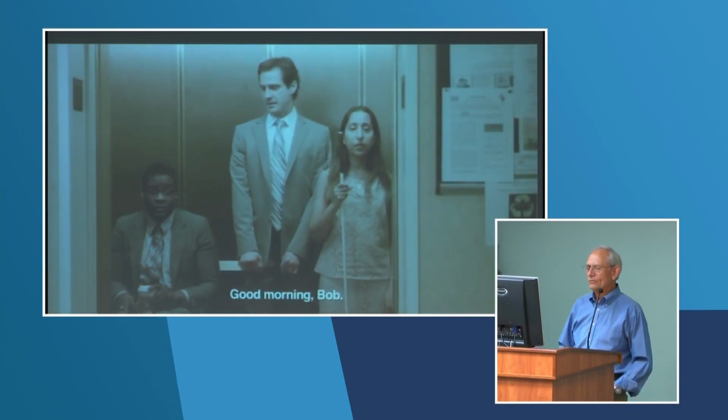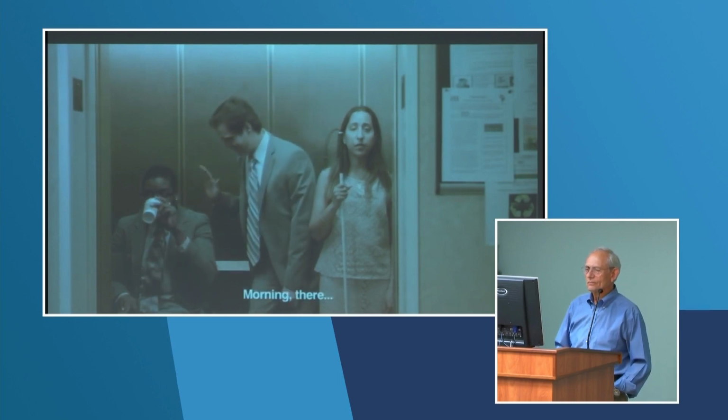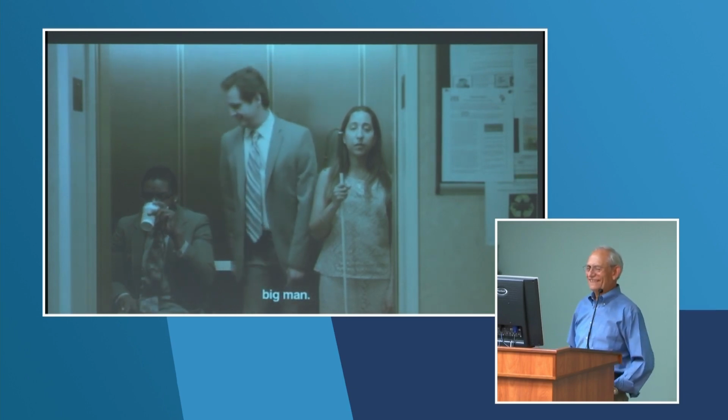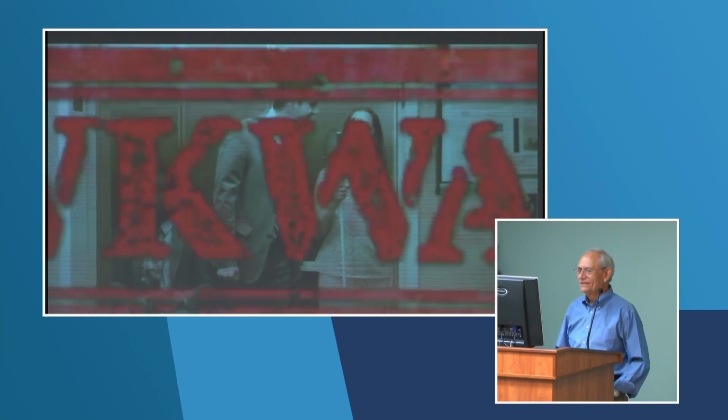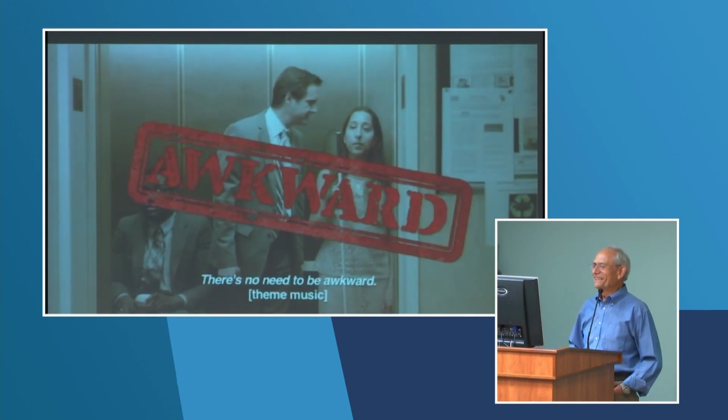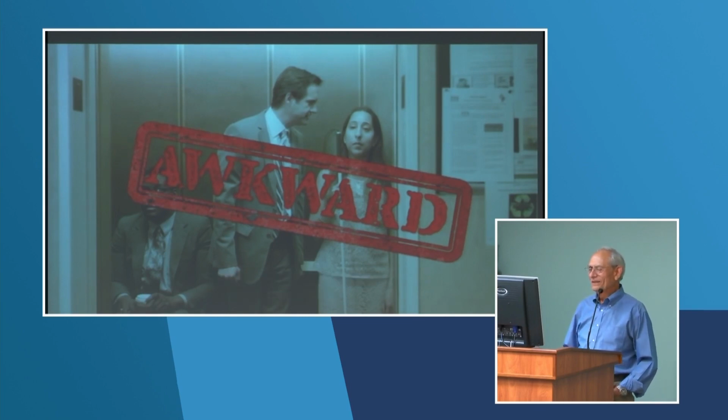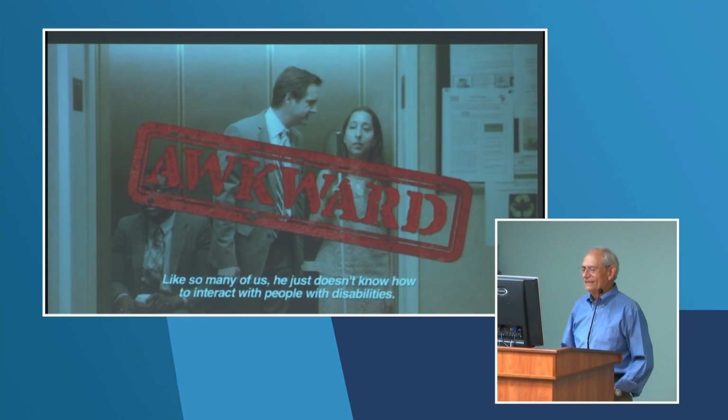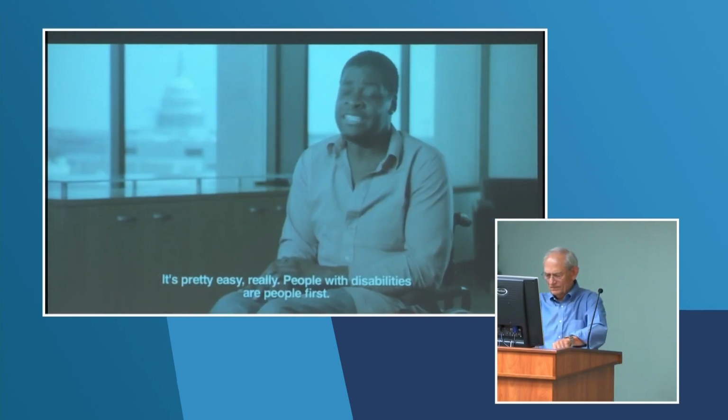Good morning, Bob. Morning there, man. Morning, Alice! There's no need to be awkward. Poor Bob. Like so many of us, he just doesn't know how to interact with people with disabilities. It's pretty easy, really.